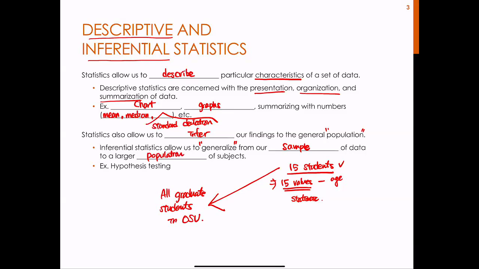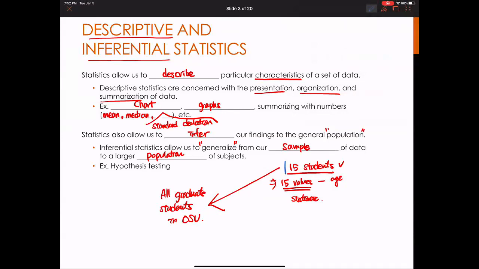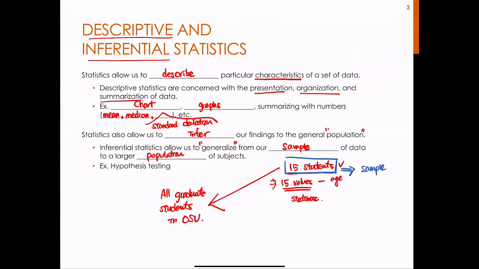So in this example, these 15 students are our sample, and all graduate students in OSU are our population.